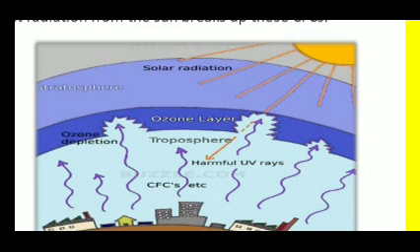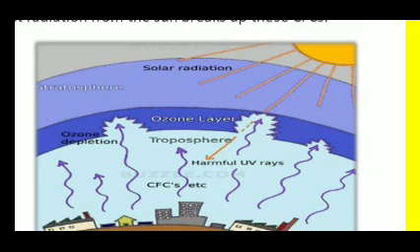The active chlorine atom interacts with ozone, then forms chlorine monoxide plus O2. This chlorine monoxide is a free radical. It is unstable. This unstable molecule immediately interacts with another ozone molecule, then forms O2 plus an active Cl atom.